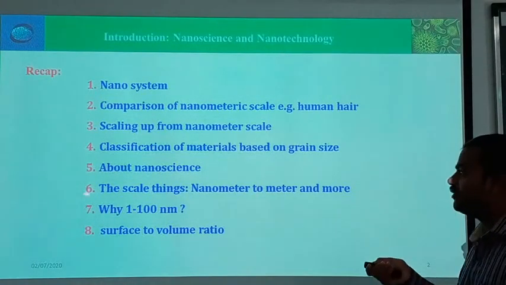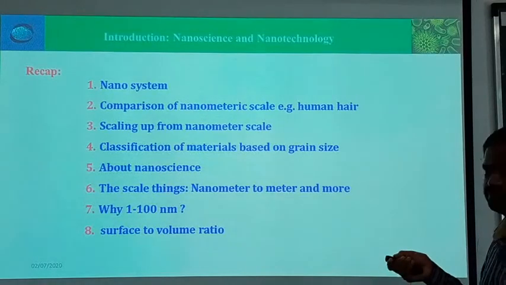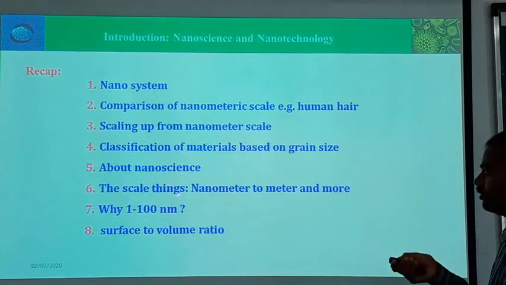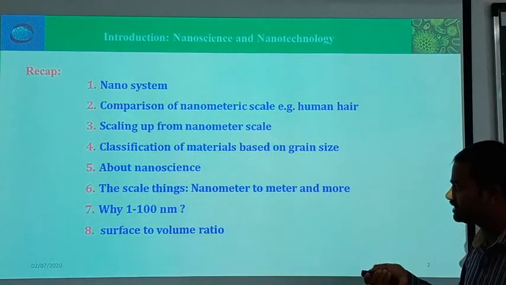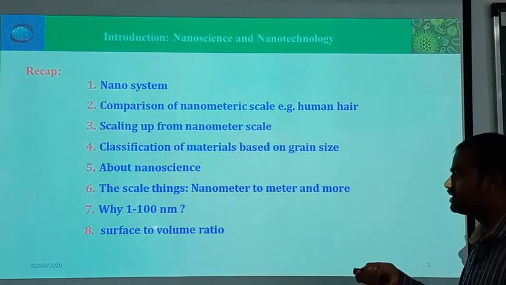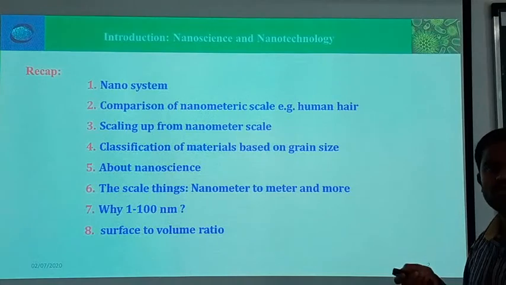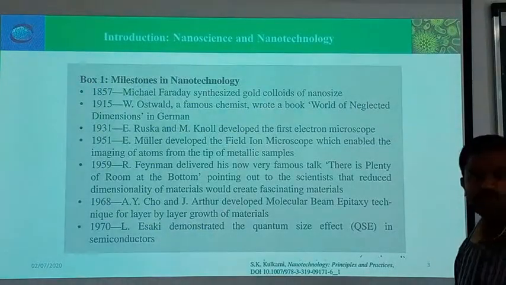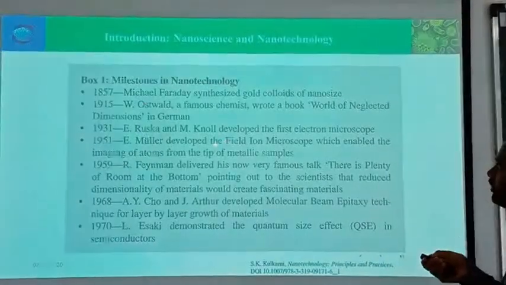And why 1 to 100 nanometer is important: the major part is quantum confinement or quantum effect, which we have studied. And lastly, we discussed the surface to volume ratio, what happens with this ratio when you go to the nanometric scale.